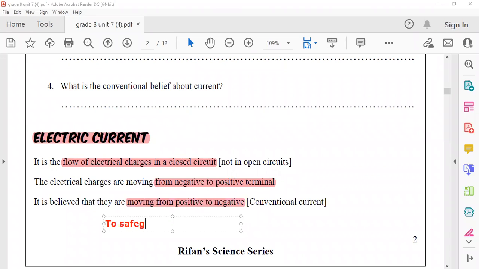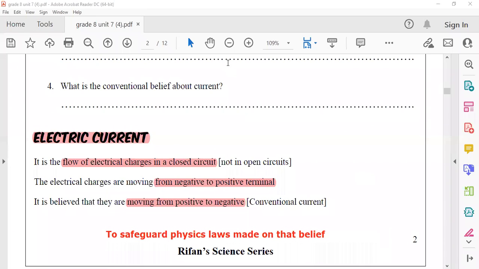To safeguard physics laws made on that belief. Why do we want to believe so? To safeguard physics laws made on that belief. Clear? Good.